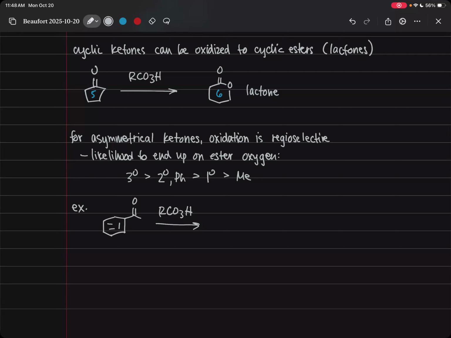And so the group that ends up on the ester oxygen is going to be the phenyl group. All right, so that means there's our phenyl group. So there's our ester oxygen next to a carbonyl with a methyl group. So I know I've kind of flipped that upside down, but could also write it like this.